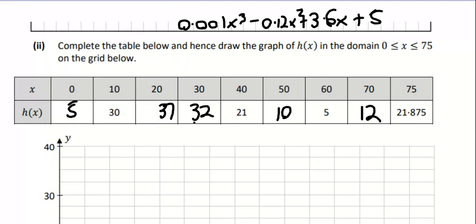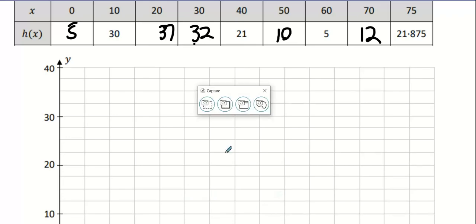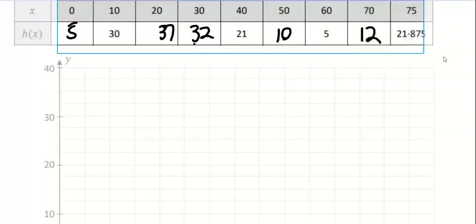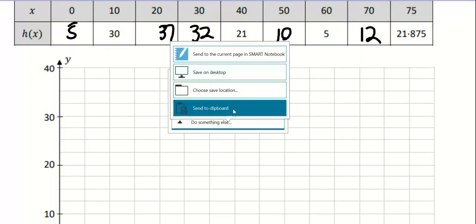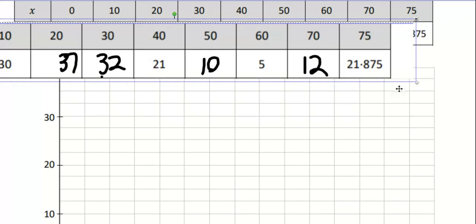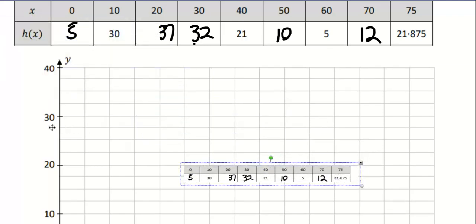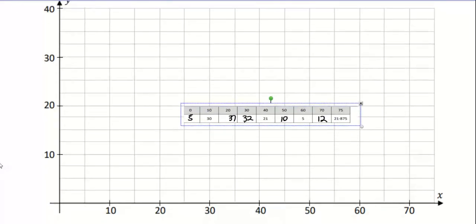Okay, now, fortunately for me, it's going to want me to draw all this in a second. Unfortunately for me, my graph's just that little bit too big, so I'm going to reduce this in size and use it to draw my diagram.